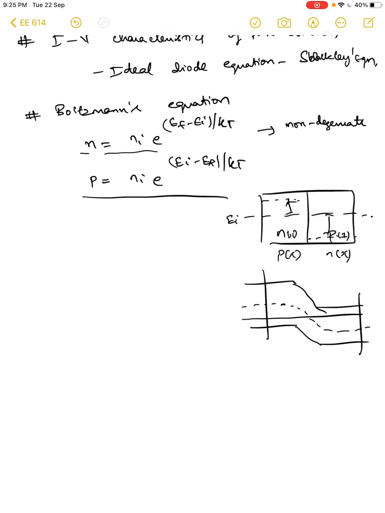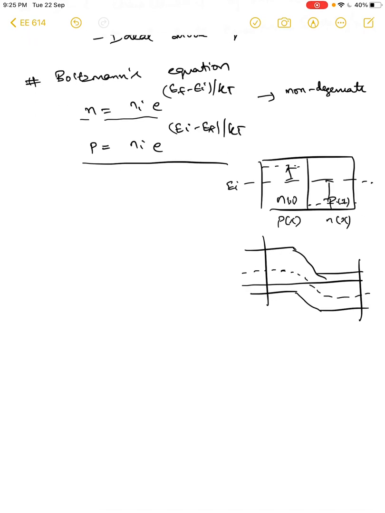Under these situations, now we are looking at the ideal diode characteristics when there is an applied potential. So we take this equilibrium concentration and apply a potential. What happens is that the Fermi level is shifted in two different directions. Let us take this to be the p-type side and this the n-type side.